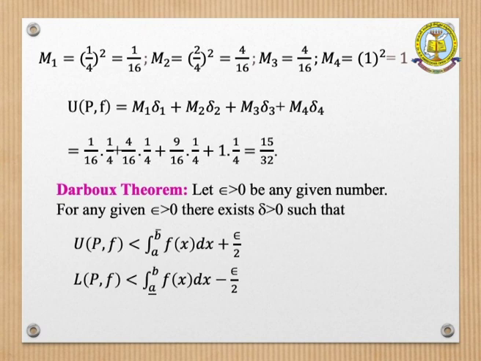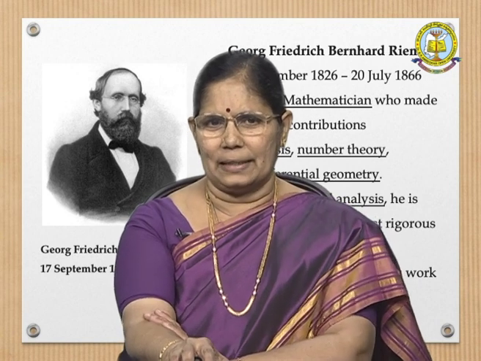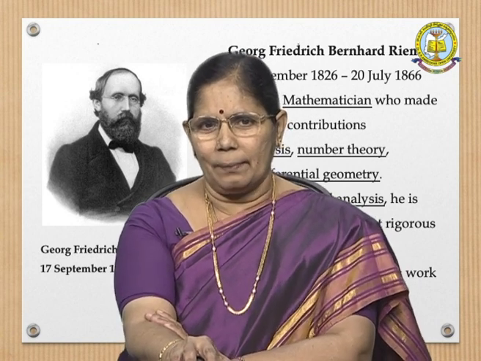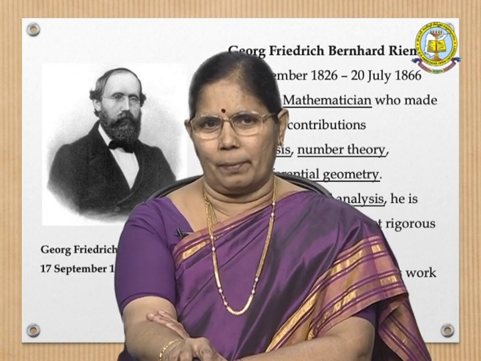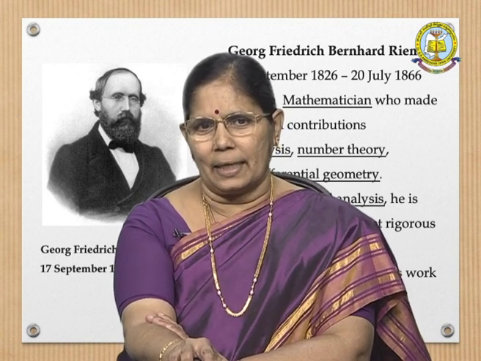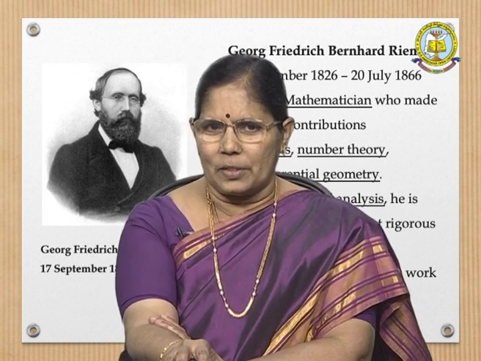So, using that, we can have UPF, an element, less than the supremum. So, UPF is less than upper integral a to b f of x dx plus epsilon by 2.